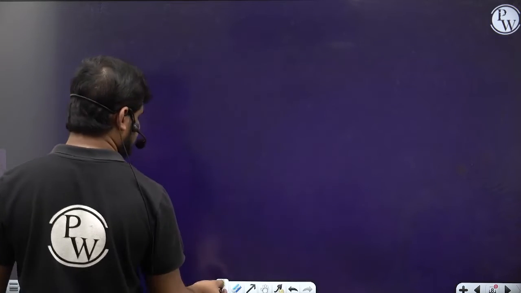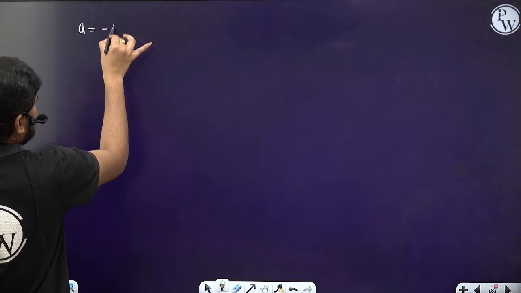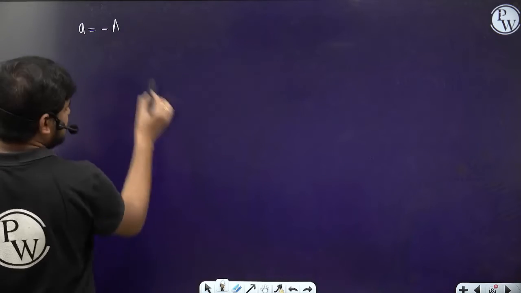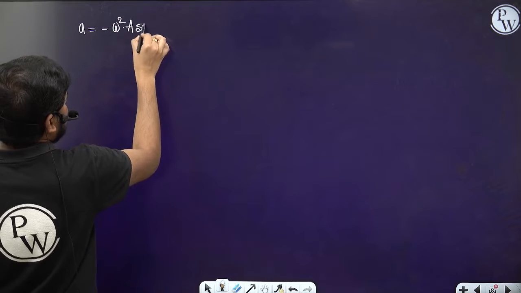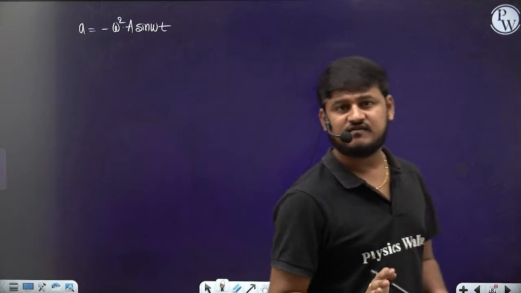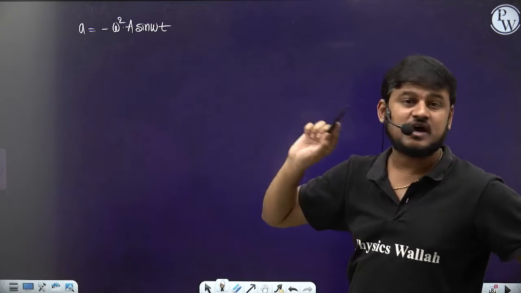Let's take the acceleration a is equal to minus omega square into x. What is x here? A sin omega t. The sine graph is always starting from the origin, right?